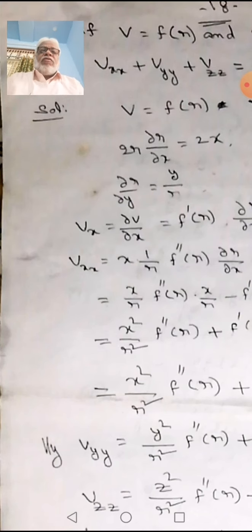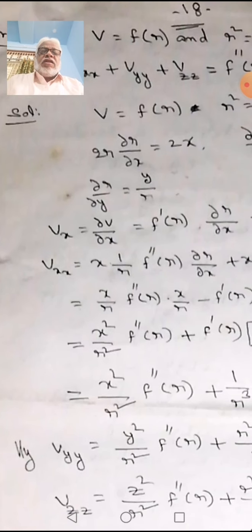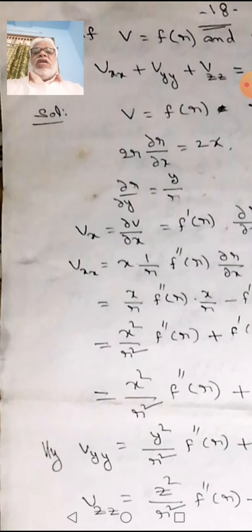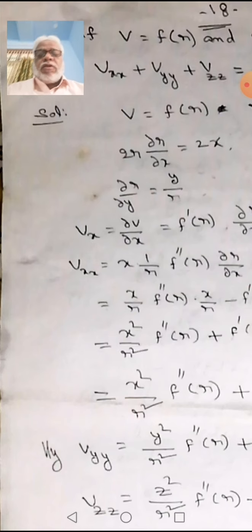That's why, if you find the value of vxx, then similarly we write the values of vyy and vzz. The second derivatives of v in x have the same form in y and in z also.